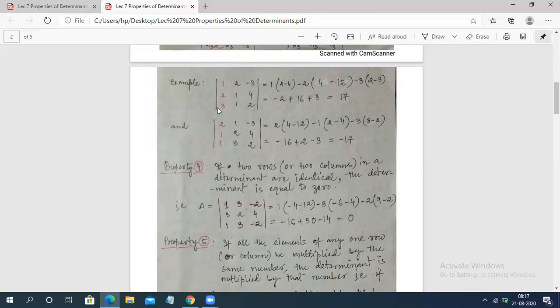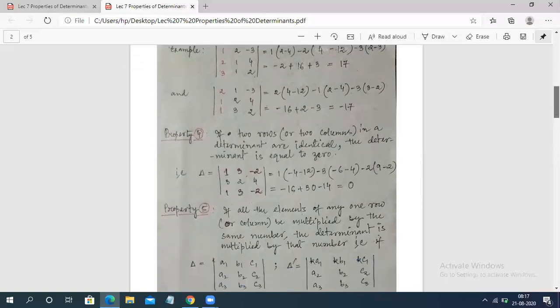After interchanging C1 and C2, it will become 2, 1, 1; 1, 2, 3; minus 3, 4, 2. Now if we find the value of this determinant, it will come out as negative of 17. So it is 17, and this is negative of 17. So for one jump, that is for interchanging any two rows, there will be a negative sign with its value. And if there are two jumps, then again a negative sign, so it will be positive.